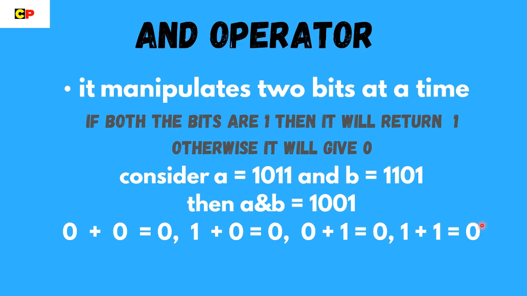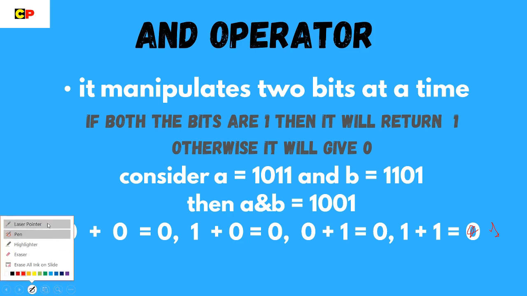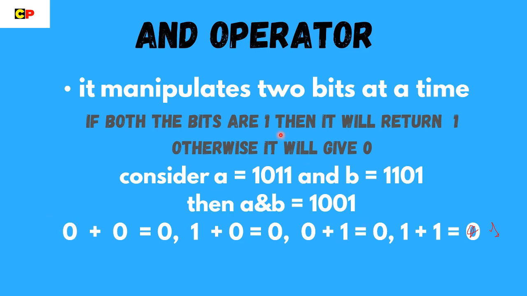Here there is a typo: it is not 0, it should be 1 here, so we'll just correct this. Make sure that you understand it as 1, because 1 and 1 gives 1.